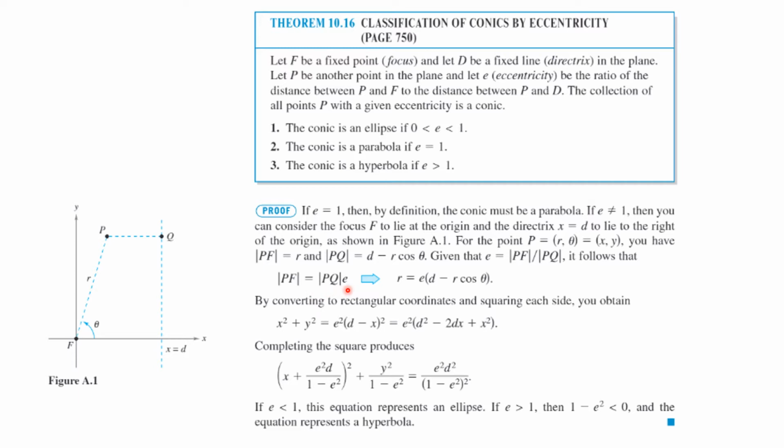And so that means that r is equal to e times d minus r cosine theta.